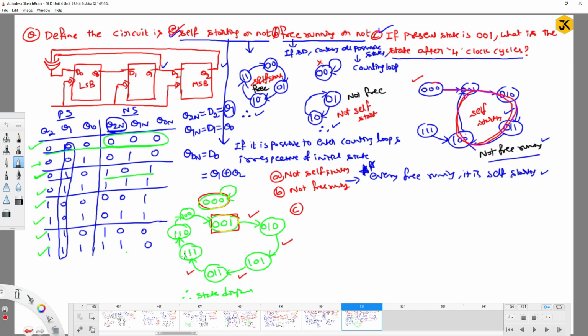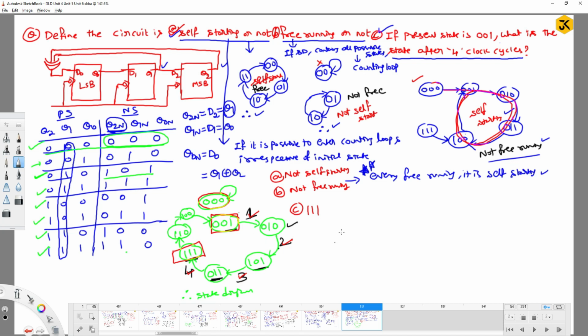So after 4 clock cycles, your result will be 111. See, it is as simple as that. Once I apply the first clock for 001, I will get 010. Next time I apply clock, I will get 101. Next time I apply clock, 011. If I apply the next clock, that will be 111. So that is the reason.